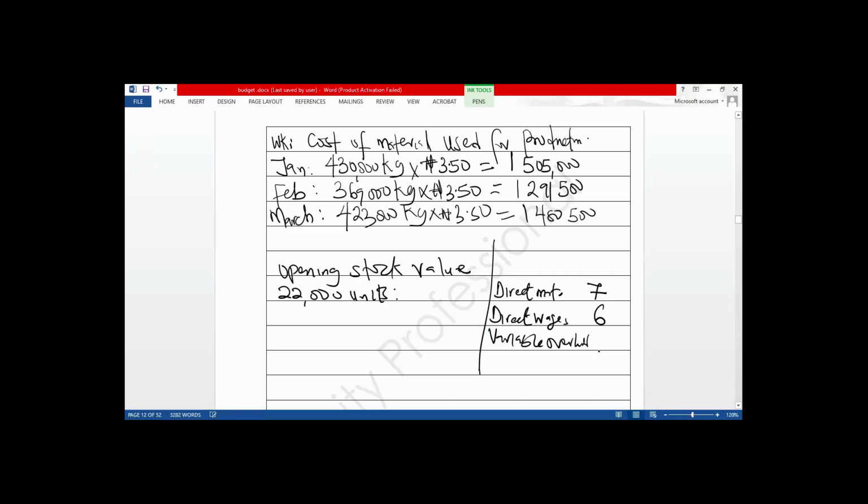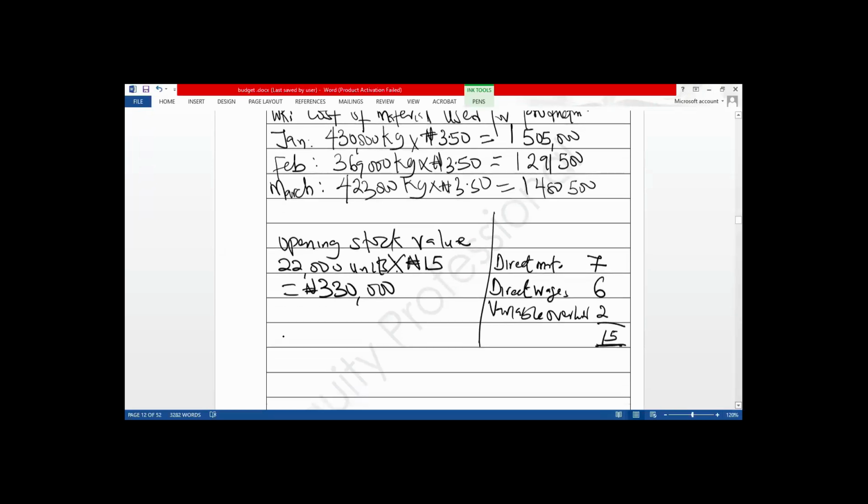Overhead 2 naira. If you sum this, 15 naira. That means cost per unit 15 naira. Multiply this by 15. That will give you 330,000 of your opening stock.